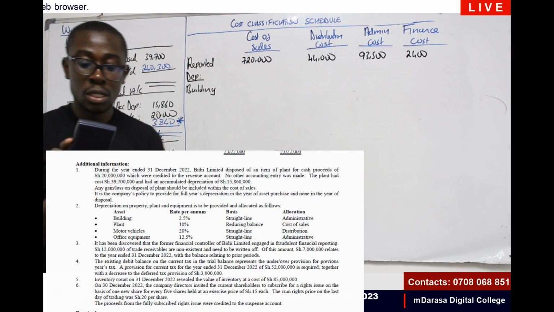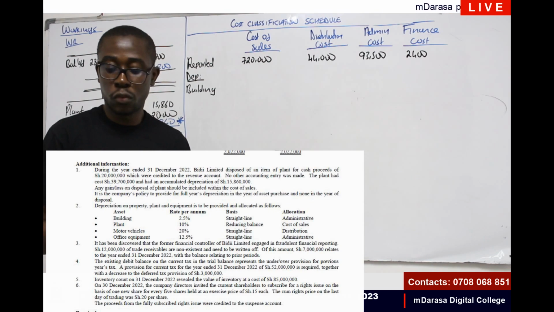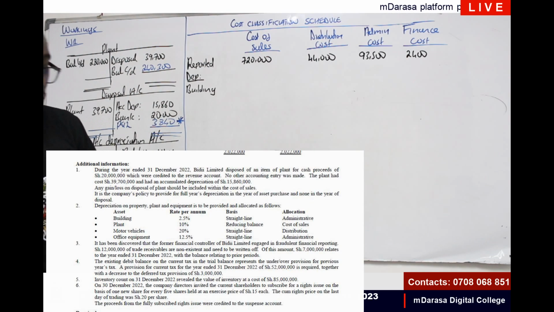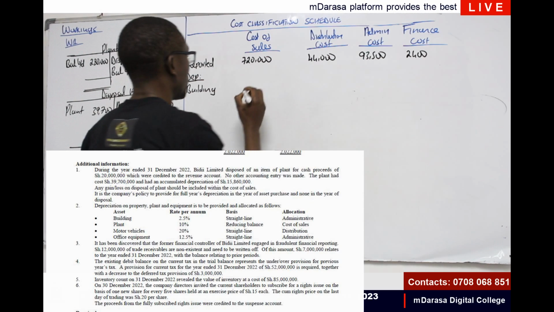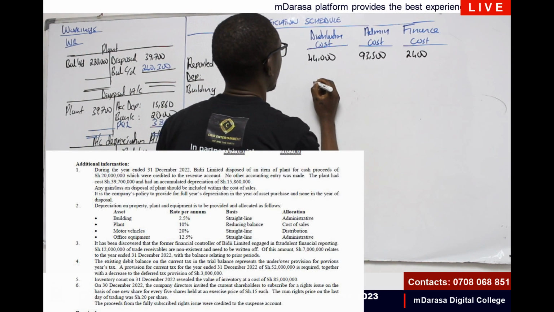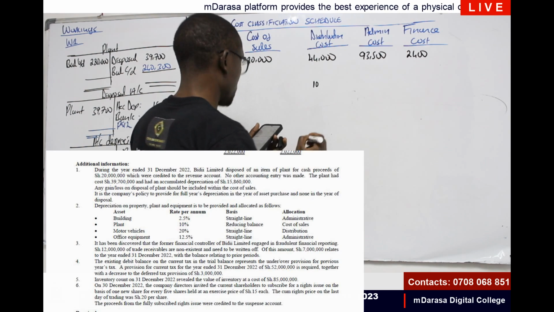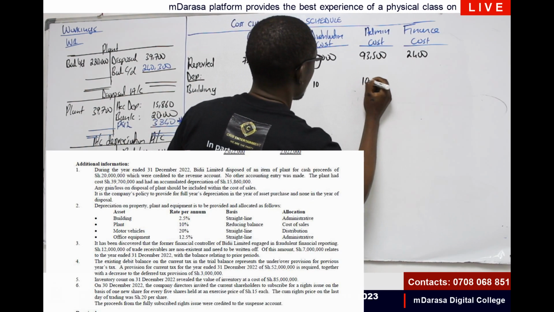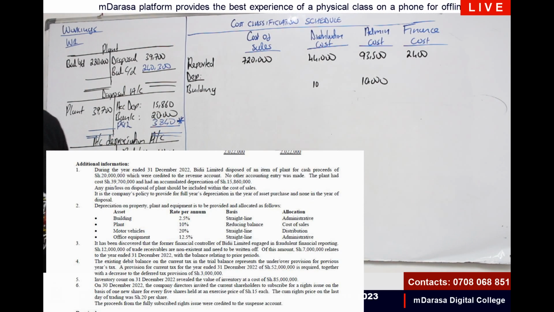So take 2.5% times the cost of the building, which you're given on top there in the first page, 400,000. This should give us 10,000 under administrative expense. So we start with that bit.